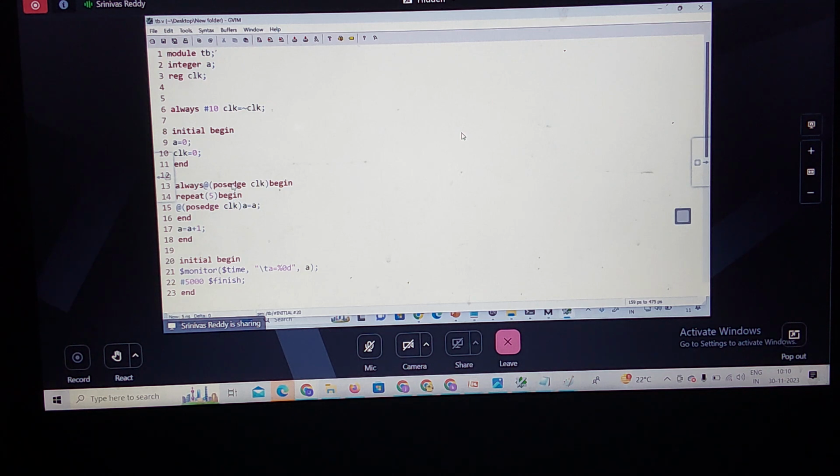So whenever the rising edge comes, we are using the repeat statement. So we are repeating what? Repeat 5 times. I want to repeat this. So at this positive edge of the clock, we are assigning A is equal to A. Whether I want to assign this positive edge of the clock A is equal to A after this end or inside this repeat loop.